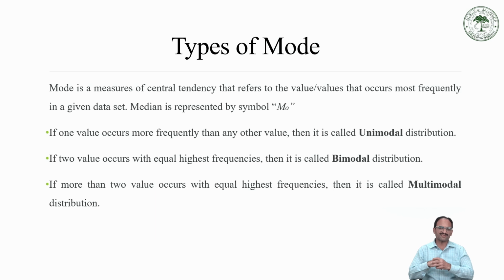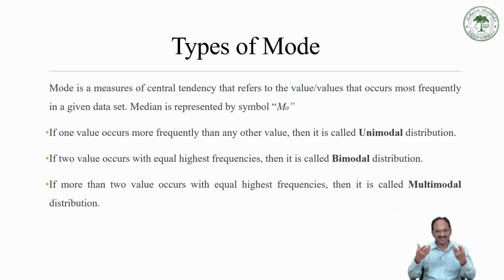Whereas sometimes there is a situation that in a data set, two numbers appear, I mean, three times two numbers are appearing, or five times two numbers are appearing. So in that situation, there are two modes. So we say that distribution is a bimodal distribution. Similarly, sometimes if you have collected a large data, it happens that there are three numbers, or more than two numbers, which are repeating themselves so many times.